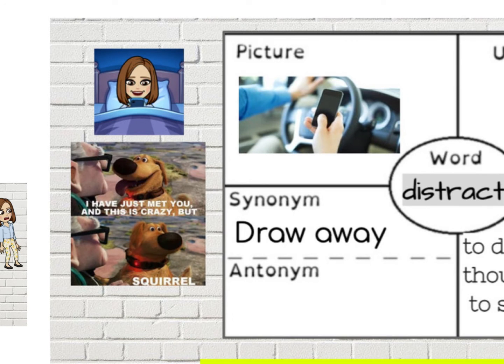I bet some of you might do that too sometimes. Every single night. And then here is my favorite example. This is from the movie Up. This dog is always distracted. So notice he says, I have just met you, and this is Crazy Butt Squirrel, because he's distracted. Please choose one and draw it in your interactive notebook.